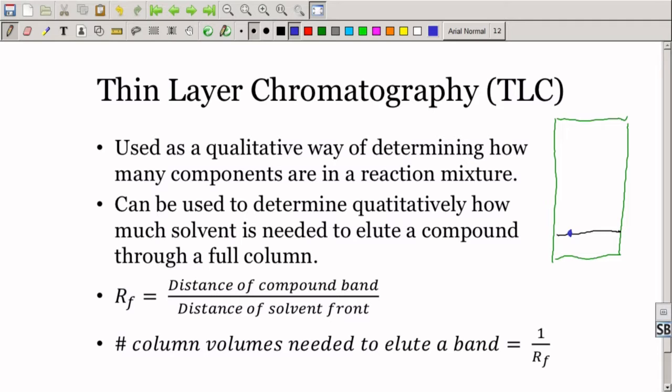So say, for example, we do this here, and after we've allowed the solvent to elute up the plate, and the way this works is the solvent moves up the plate by capillary action. It defies gravity and it moves up, and then when you're done, you stop and you mark where the solvent went to, and you see different components that have separated along the way. Something like this.